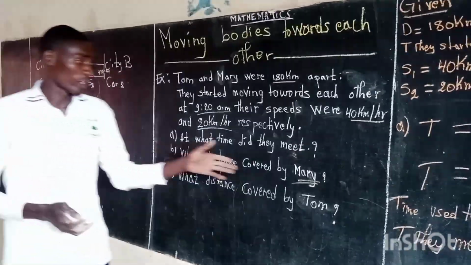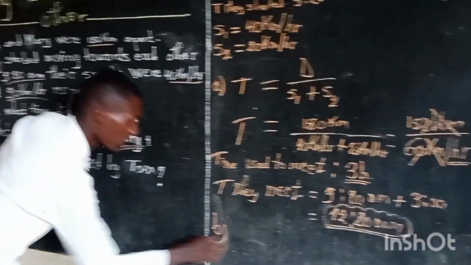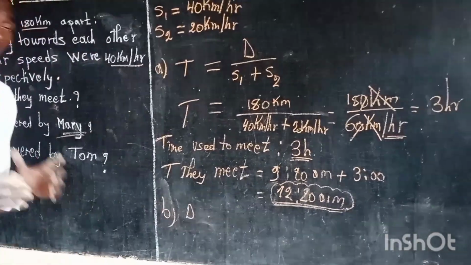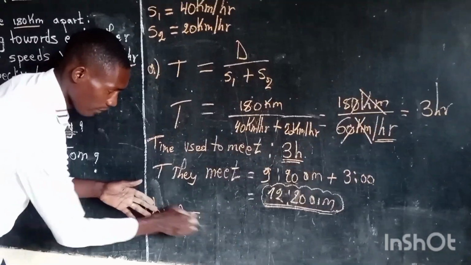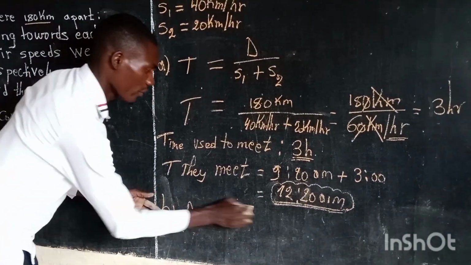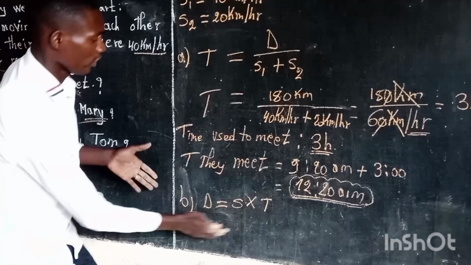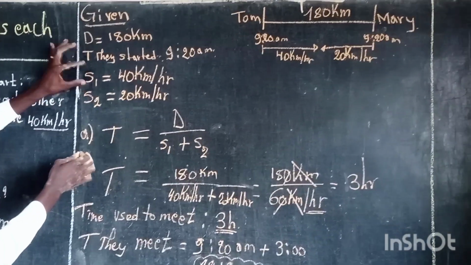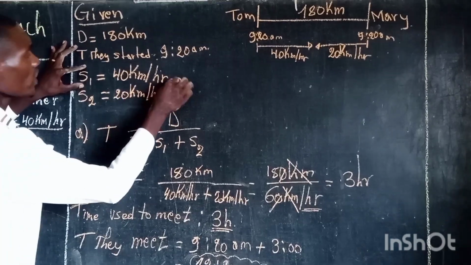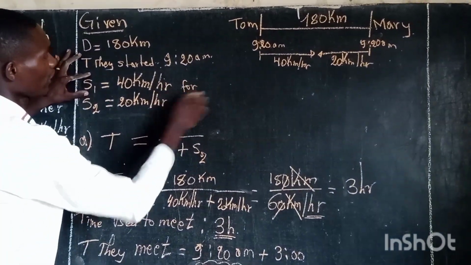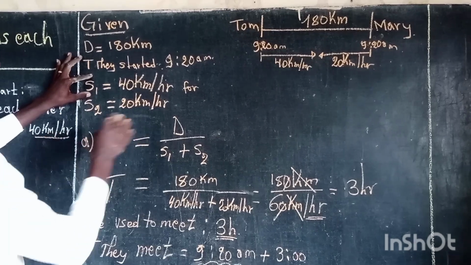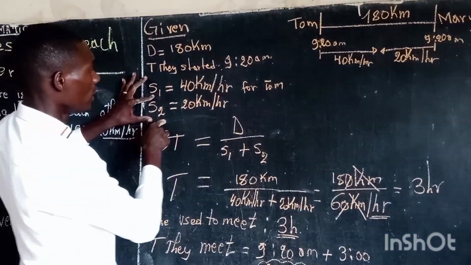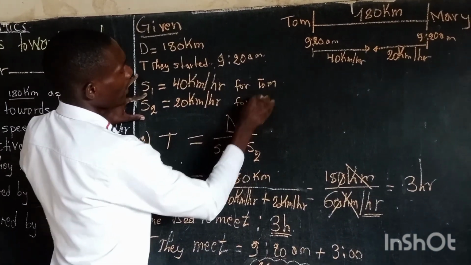From here, let us go to sub-question B. It's the distance covered by Mary. By now, we're going to calculate the distance covered by Mary by using speed times time. Remember that in our given, we go back in our given. So we have speed, and this speed is the speed for the first person, which is Tom. And another one is the speed for Mary.